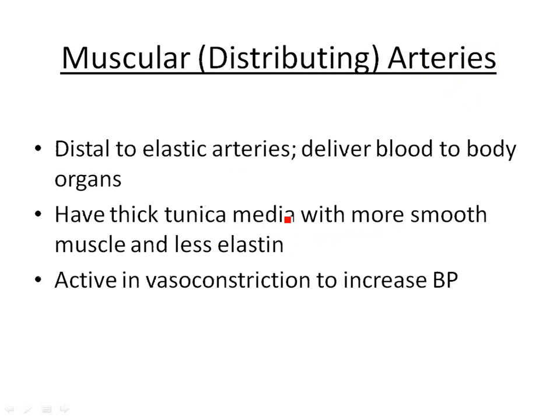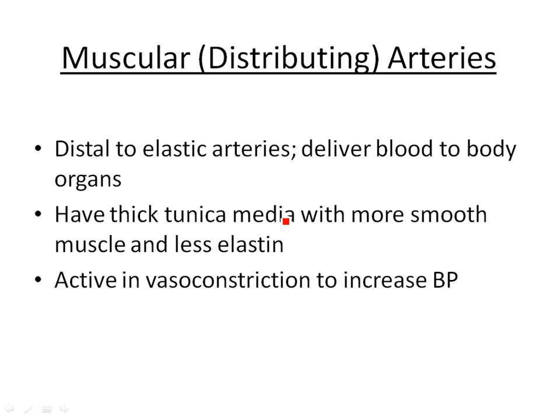The next vessels that you're going to come to as you leave the heart are the muscular arteries, also known as the distributing arteries, and we say distributing because they distribute or carry blood. They're the ones that actually deliver blood out to the body and all the different organs. These are going to have a thick tunica media, so they're going to have lots of smooth muscle. Sometimes you can have as much as 3 to 40 layers of smooth muscle in these vessels.